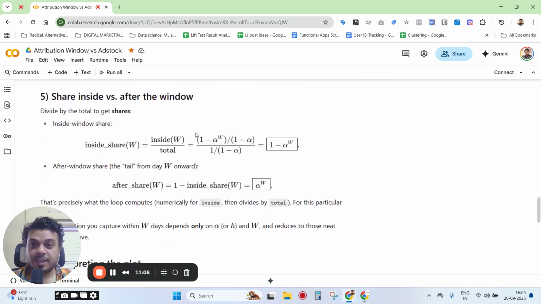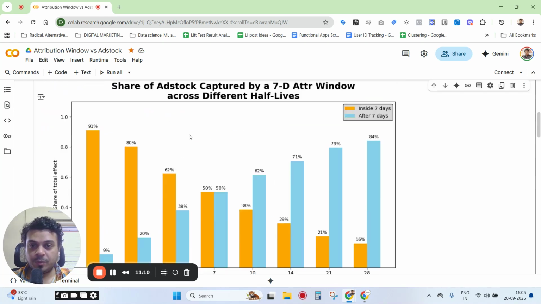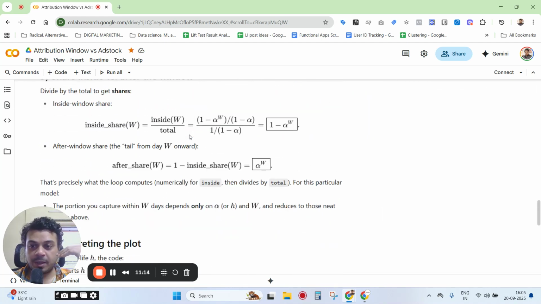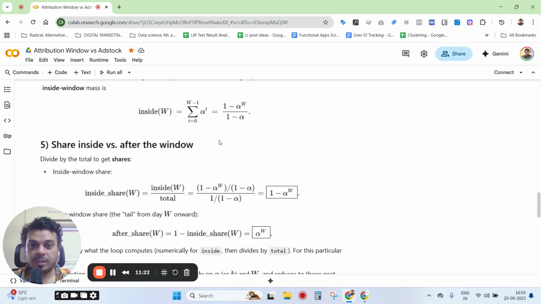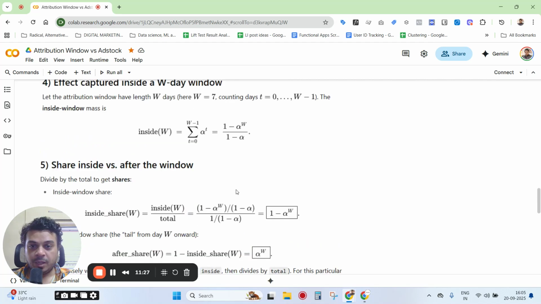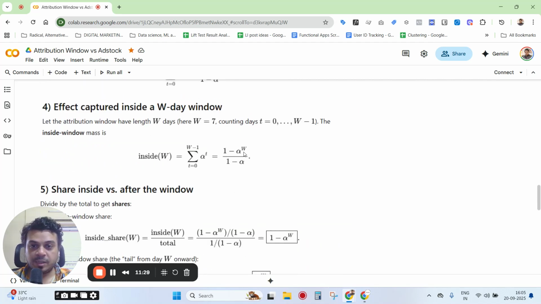And then what's the share inside versus after the window, which is what we were trying to see from this chart. So I'm breaking down the mathematics of that chart. The inside share is the share captured within the window divided by the total. The total, as we have found, is 1 by 1 minus alpha, and the windowed effect is 1 minus alpha to the power w by 1 minus alpha.